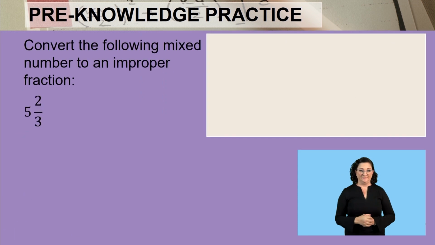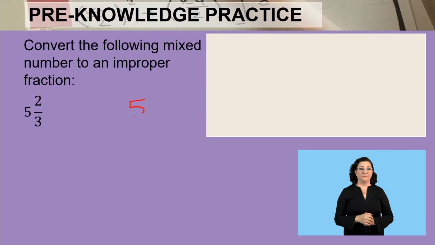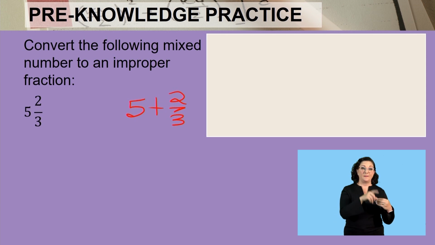And now we look at converting a mixed number to an improper fraction. We're given 5 2/3. What do we do? Firstly, let's understand that this is 5 whole plus 2/3. And we know for us to add these fractions, we must have a common denominator.